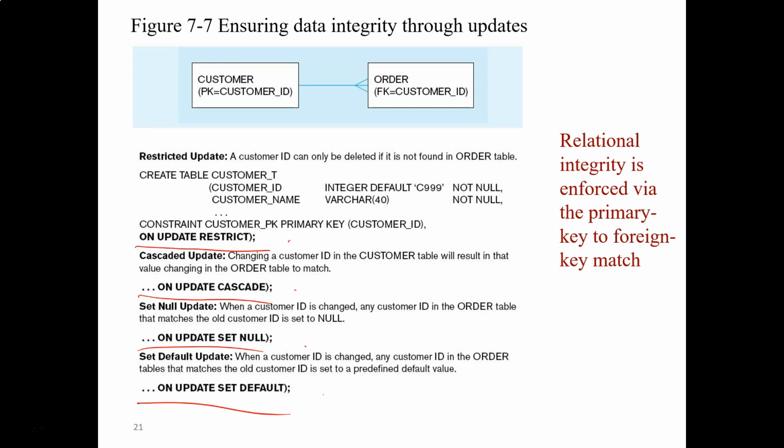If you choose the cascade option, any update to the primary key value will result in the same update in the foreign key value. For example, if the customer ID is updated from 123 to 234, then all the 123 customer IDs in the order table will be updated to 234 automatically by the DBMS.